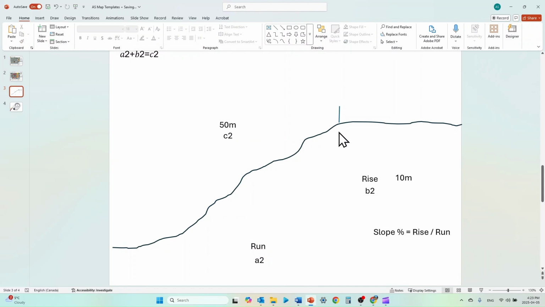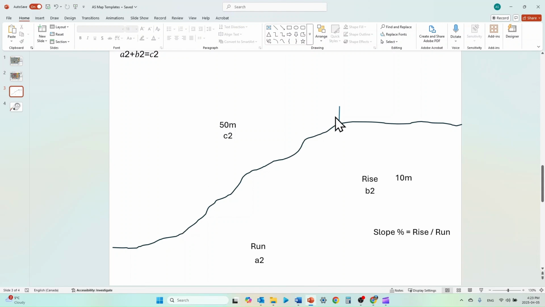And as the definition says, the change in elevation from the top to the bottom of the slope is your rise. So say this was 500 meters above sea level, and we're going to say this is 510, which gives us a rise of 10 meters. So 10 meters is our rise.